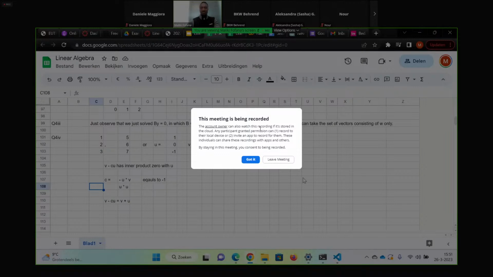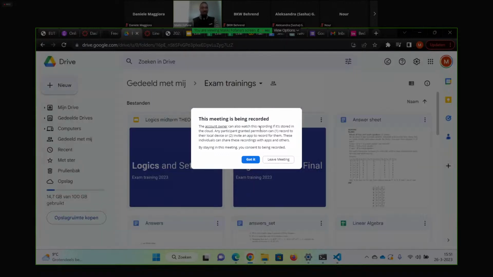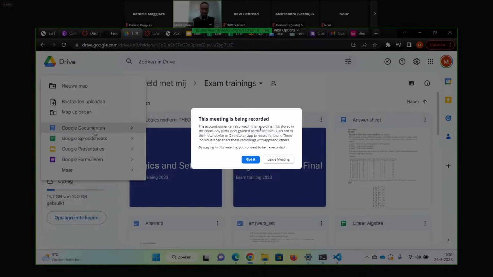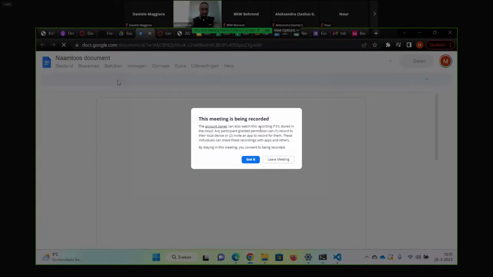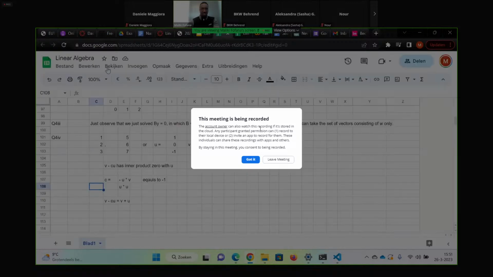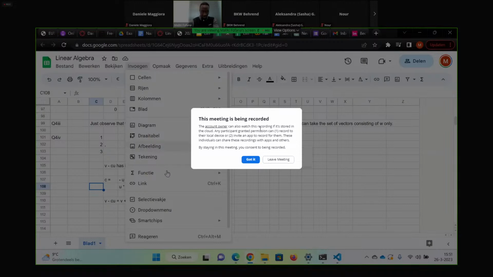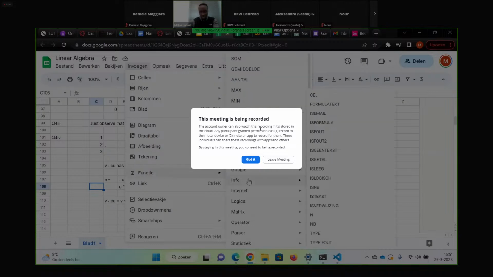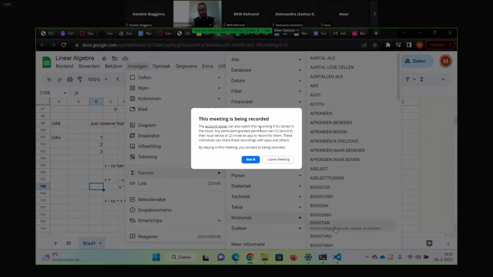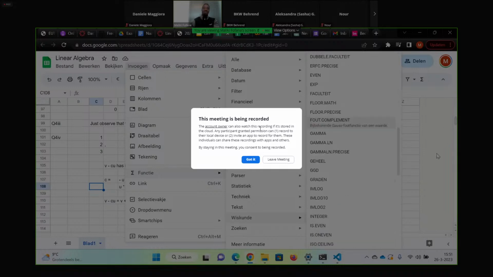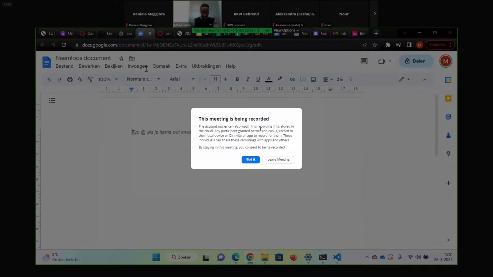Let me try to show you guys from a different perspective, with proper notation, because I think that's possible in Excel. Let me see.